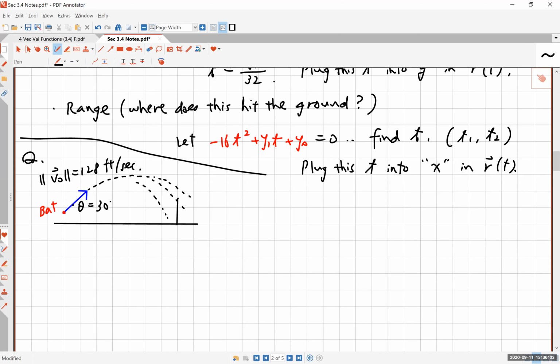So a baseball batter is hitting the ball, and the pitcher pitches the ball, and he swings at the ball. And today we have all kinds of analytics and statistics for any kind of swing. And let's suppose that this hitter hit the ball at the launch angle of 30 degrees, not unusual, and with a velocity, it's called the exit velocity, of 128 feet per second.